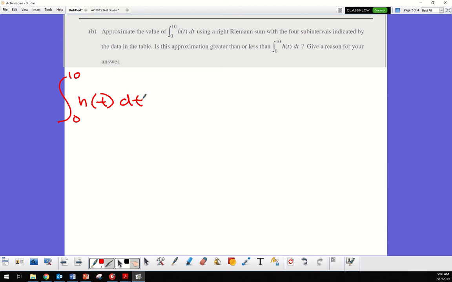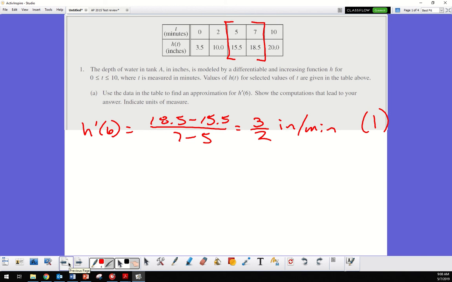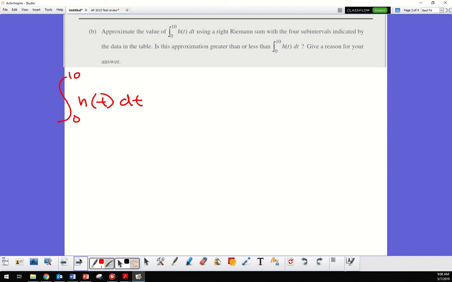Now, let's take a look and do my intervals. It says 4 subintervals. So my 4 subintervals are going to be 0 to 2, 2 to 5, 5 to 7, and 7 to 10. I'm going to write that out.